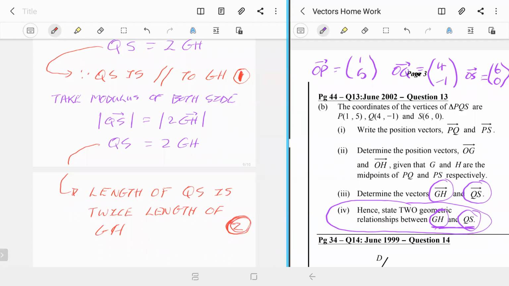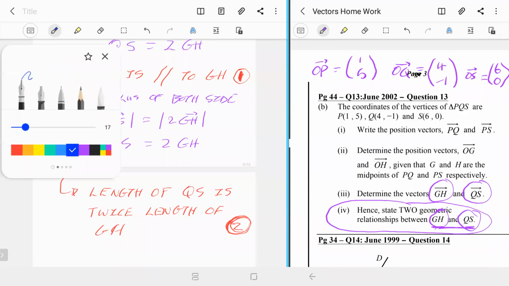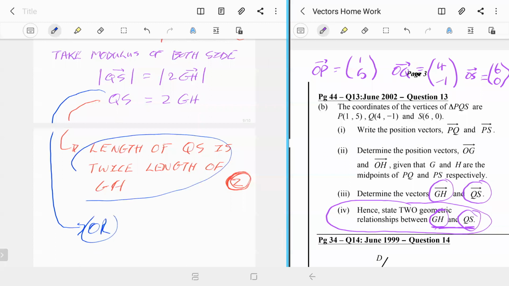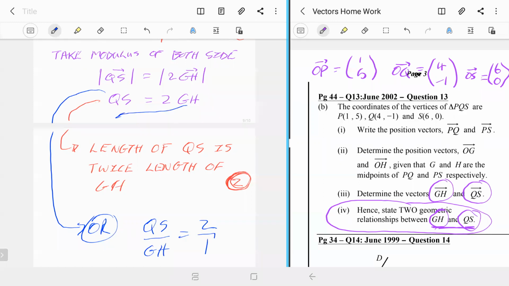If we want to, we could instead write this as a ratio. Let's use a blue for this. So for this, we could continue and say, or instead of stating this, we have instead written it as a ratio: QS to GH is 2. 2 is the same as 2 over 1. See, I divide by GH.